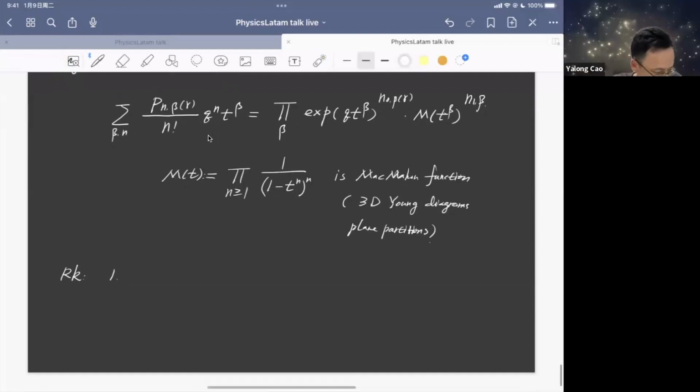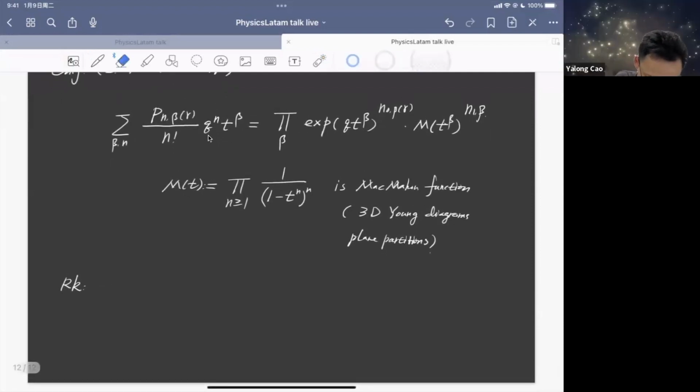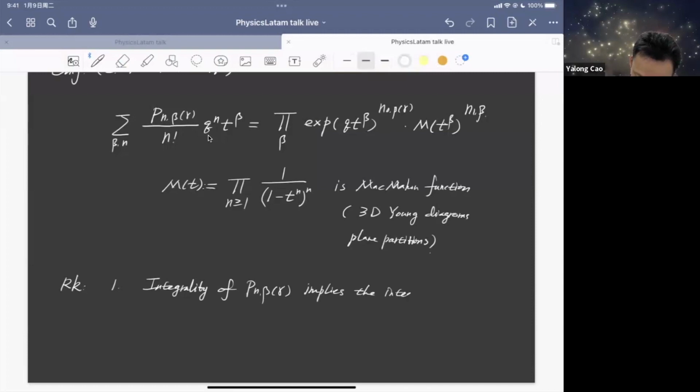So the first remark is that if you expand both sides of the equation, you will see that the integrality of this P_{n,beta}, which comes from the definition, implies the integrality of the Gopakumar-Vafa invariants.